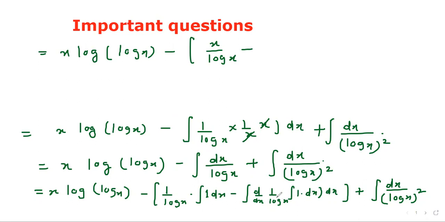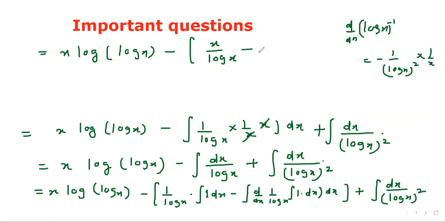Here if we differentiate it, it will become log x power minus 1, and then d upon dx of log x power minus 1 will become minus 1 upon log x square times d upon dx of log x, that will be 1 upon x.